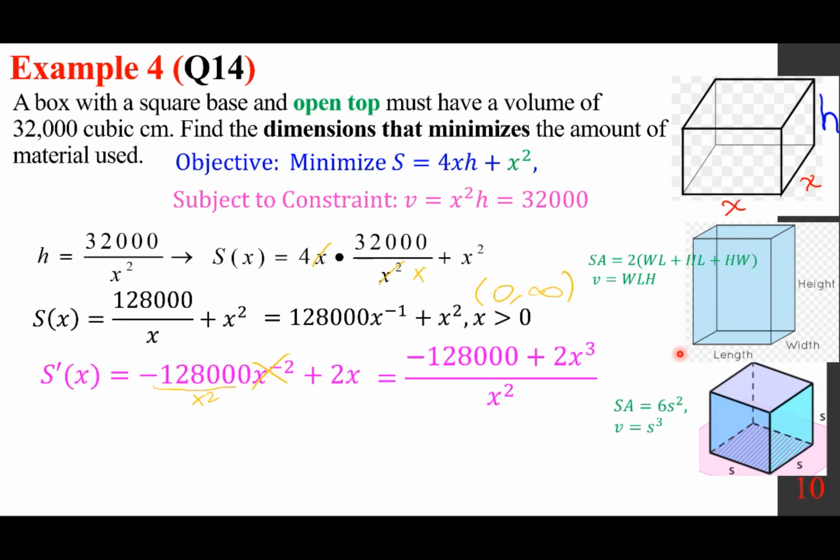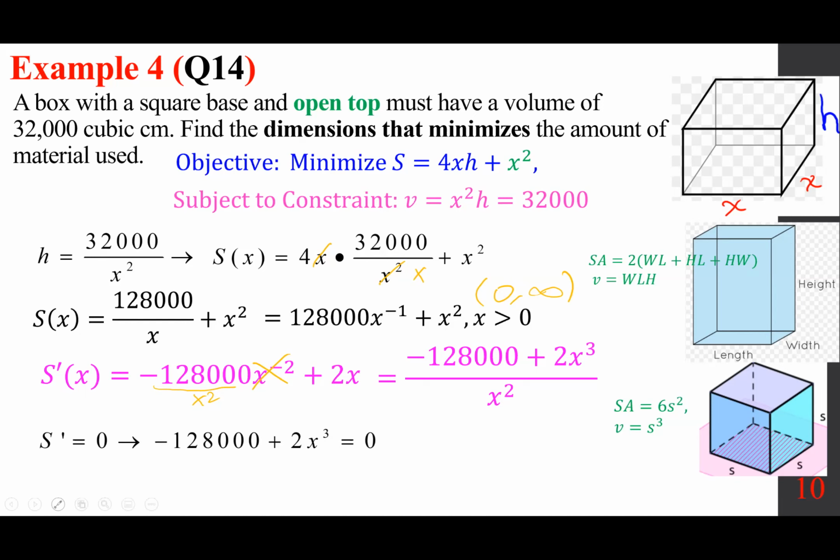S prime equals 0, the top is 0. We're going to work on it. S prime doesn't exist, the bottom is 0. The bottom is 0 gives you X equals 0, but X cannot be 0 because it's an open interval, 0 is not included. So let's look at S prime equal to 0 by setting the numerator equal to 0.